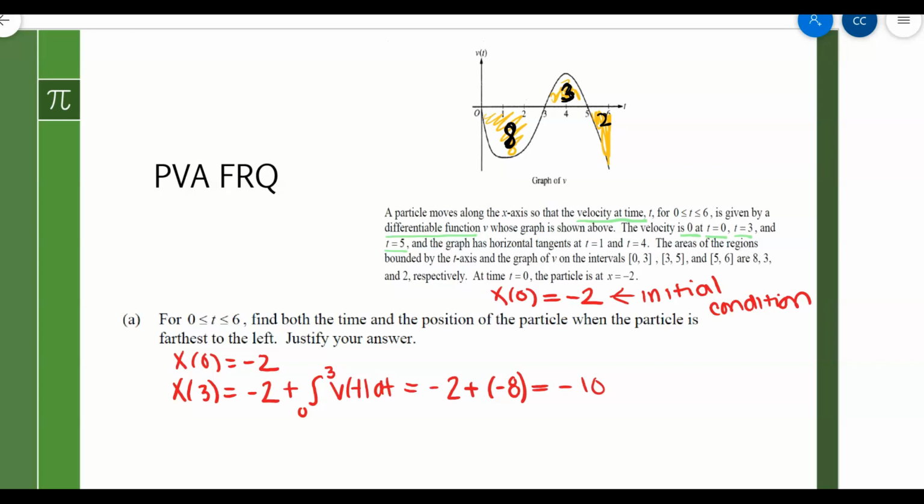left. Then we're going to look at x sub 5. So again, now you take into account that initial or the position at the next point. So you could either do -2 plus the integral from 0 to 5, or you could do -10 plus the integral from 3 to 5.